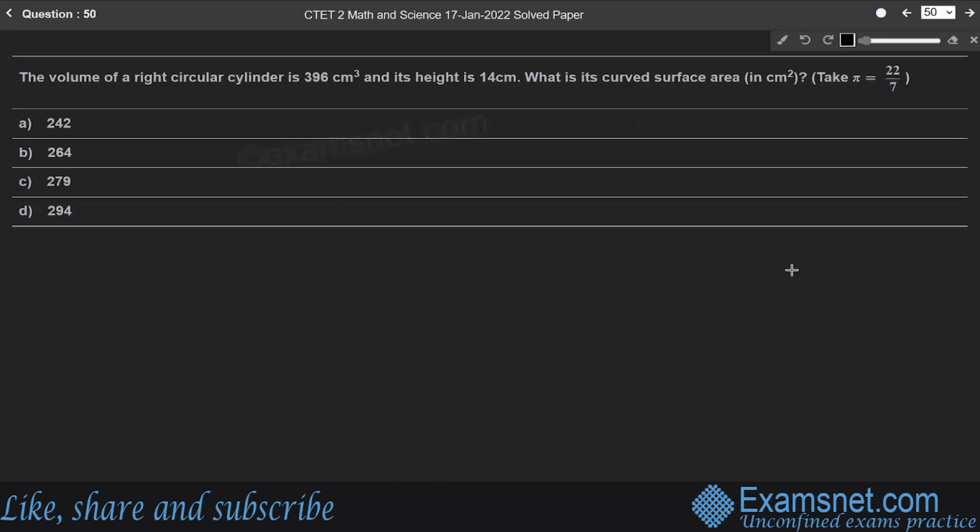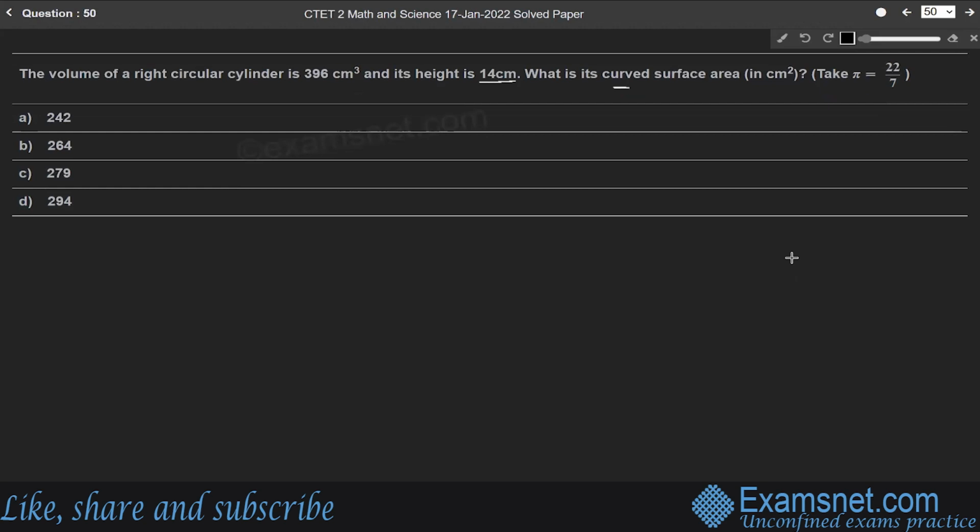Question 50. The volume of a right circular cylinder is 396 centimeter cube and its height is 14 centimeter. What is its curved surface area in centimeter square, taking pi as 22/7?